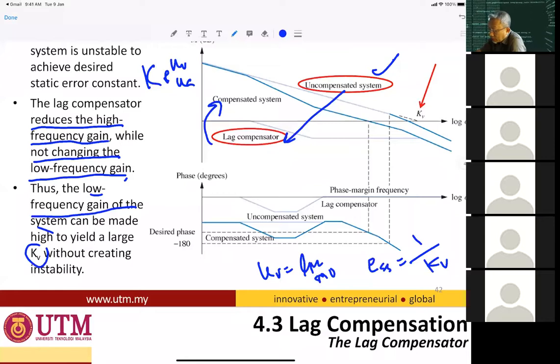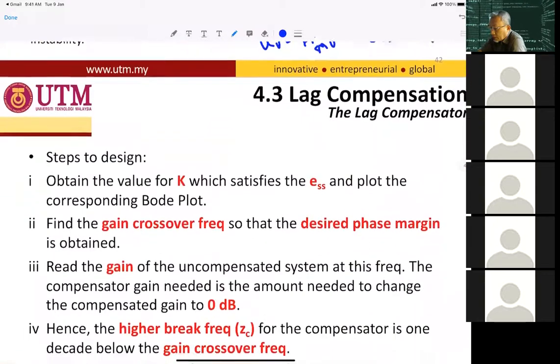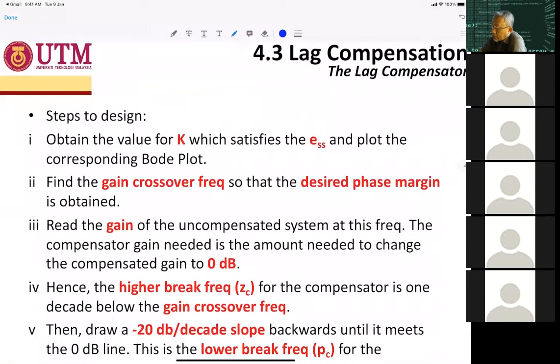So this is for the gain in decibels, and this one is the phase in degrees. In order to perform a lag compensation, the lag compensator, we have the steps to design.